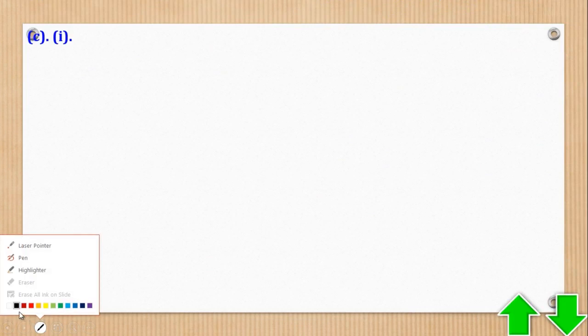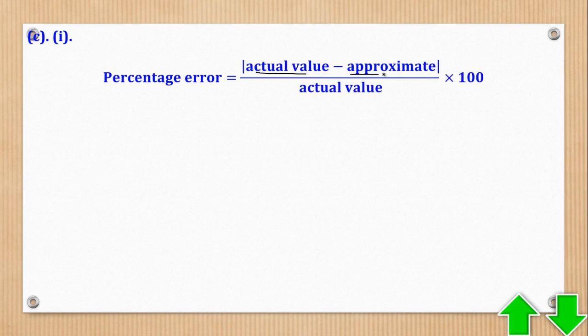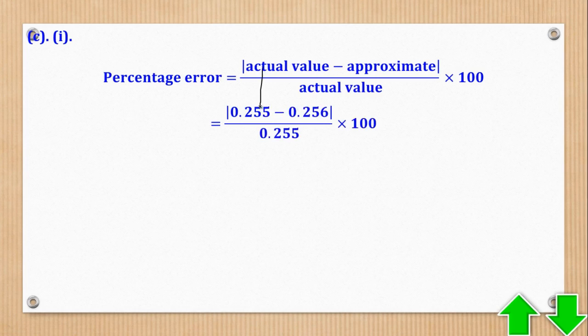So you say the percentage error is equal to the magnitude of actual value minus approximate value over actual value multiplied by 100. So that is the formula for percentage error. Then you substitute actual value, approximate, actual, times 100. Now here, most students, when they see that this one is bigger than this, they interchange and say 0.256 minus 0.255.